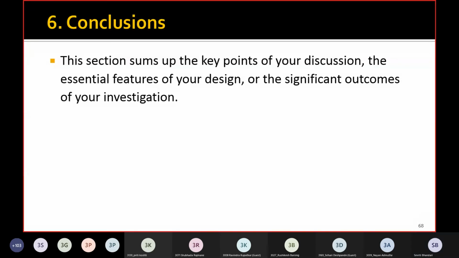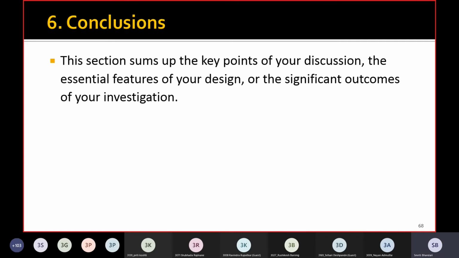The last chapter in our report is conclusions. Right? It sums up the key points of your entire discussion in the report. This chapter should summarize the essential features of your design.